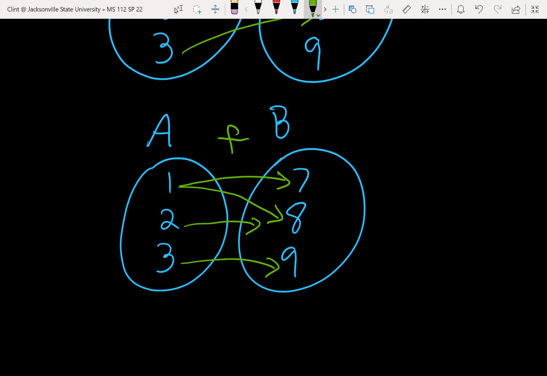Because 1 goes to 7, and it also goes to 8. So 1 is not going exactly one place. 1 is going to 2 values. So that's not allowed. So because of this part, f is not a function in this case.